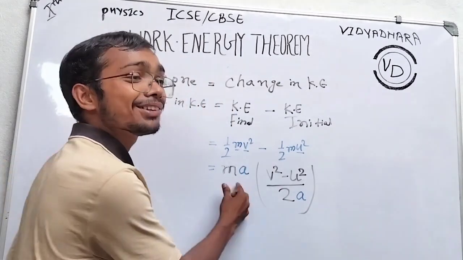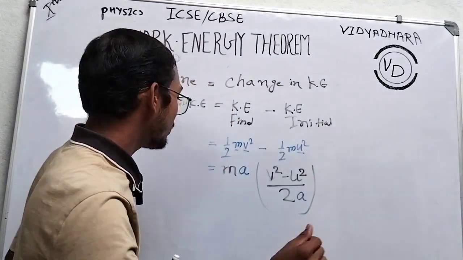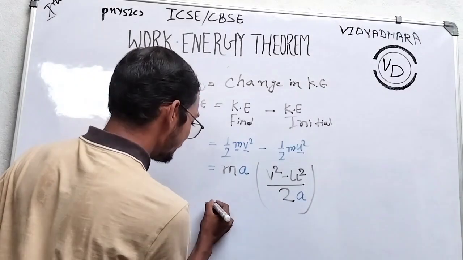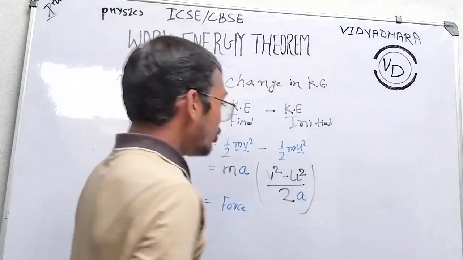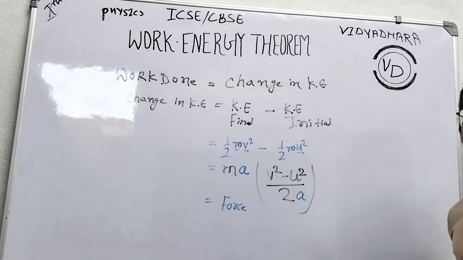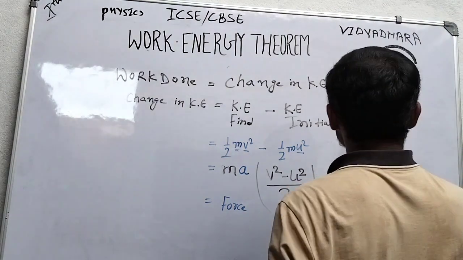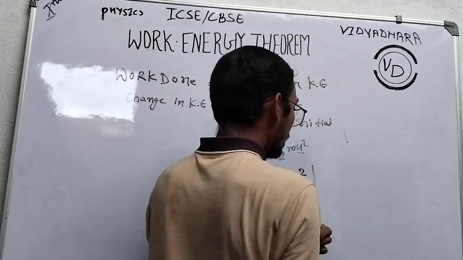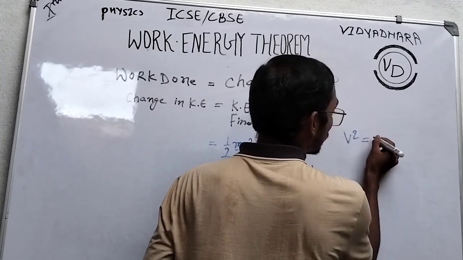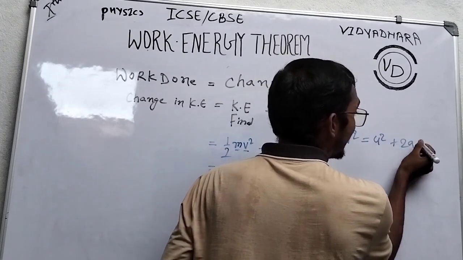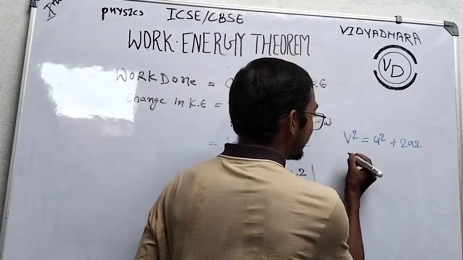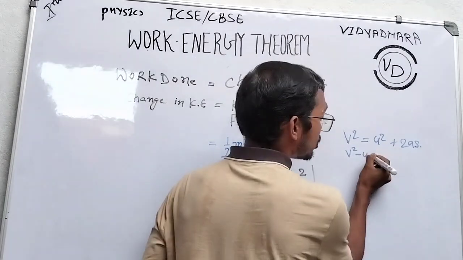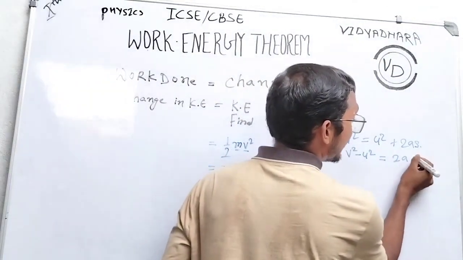You know, dear student, m a is force. Now we are going to use the equation of motion: v square is equal to u square plus 2as. You already know this very well from 9th standard. So v square minus u square is equal to 2as.